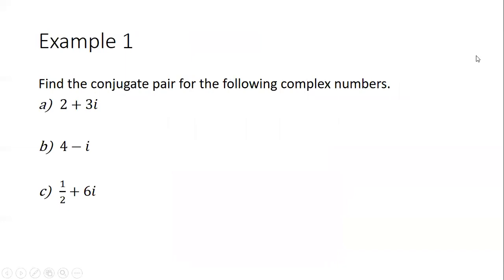All right, so let's practice conjugate pairs. If I told you I have the complex number 2 plus 3i, what is its conjugate? 2 minus 3i. Oh my gosh. Okay, what this means is that if I multiply these two numbers together, I'm going to get a real number. So exhibit A: we're going to do 2 plus 3i times 2 minus 3i.